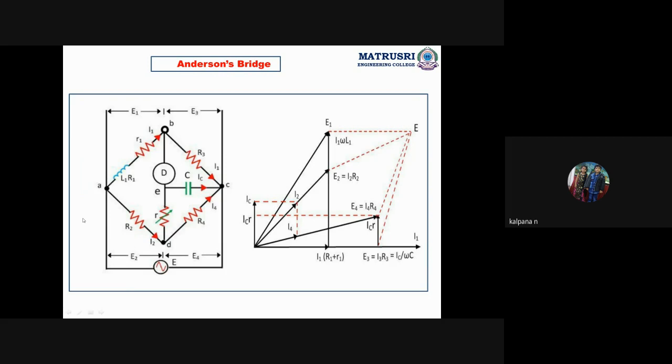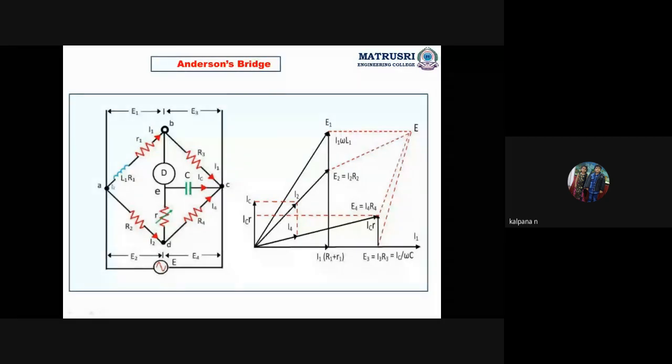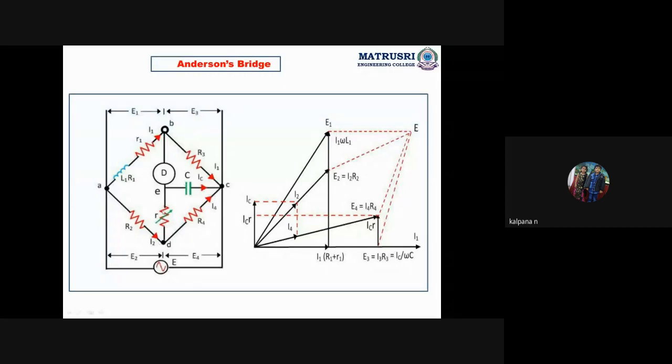Because this Anderson bridge not only has the four arms AB, BC, CD, and DA, but along with these four arms, two more extra branches are there, ED and EC. Due to these two, we cannot apply Z1 Z4 equals Z2 Z3.